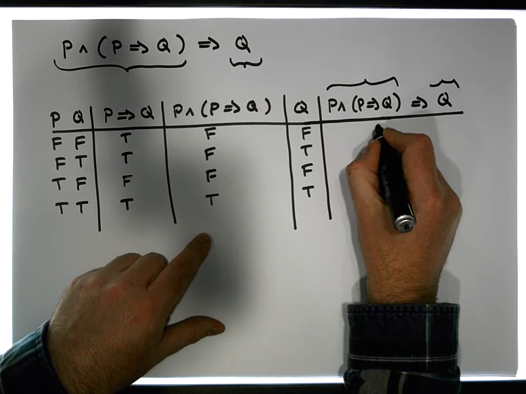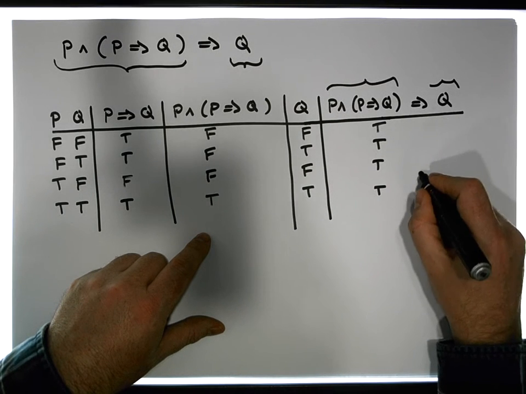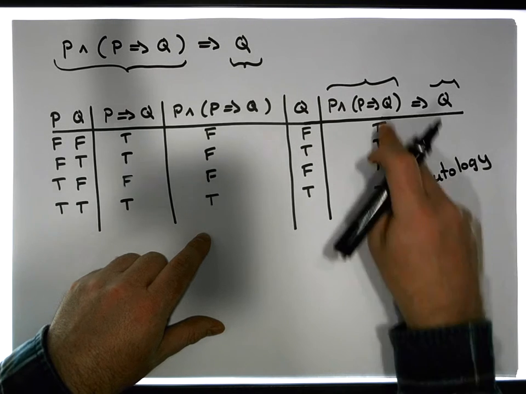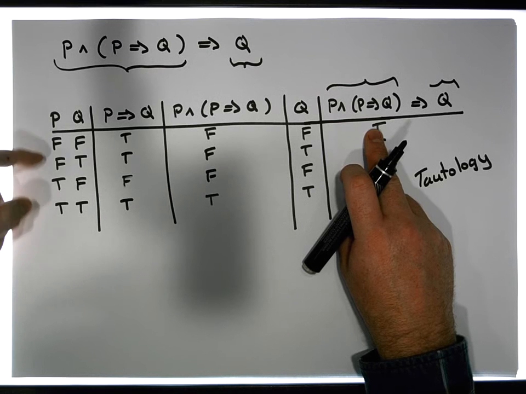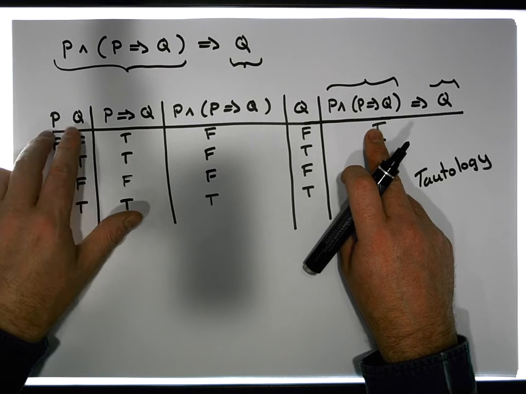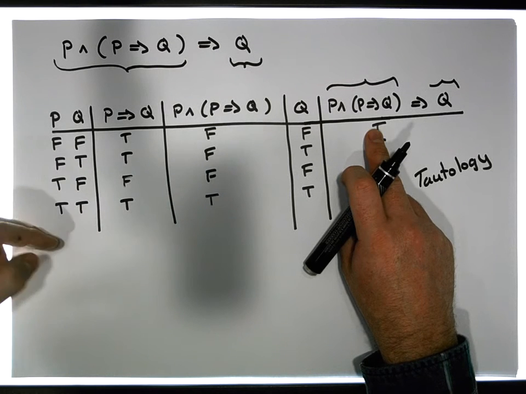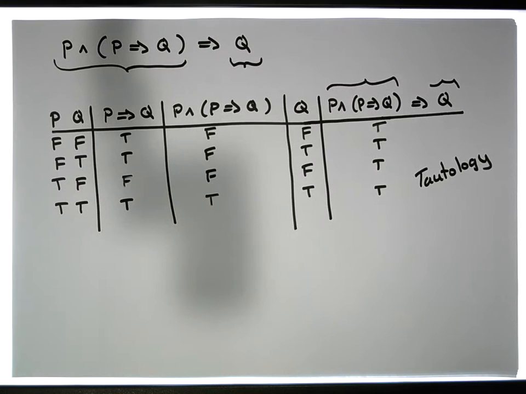It's always true, and here is an example of a tautology. Under all inputs, all states the proposition could be in, which depend on the P and Q truth values, under all possible pairings, the output is always true. That's an example of a tautology.